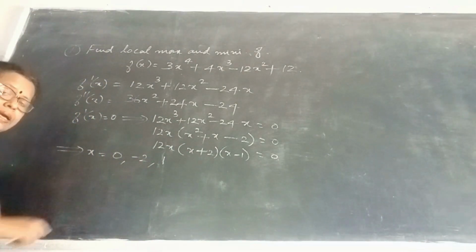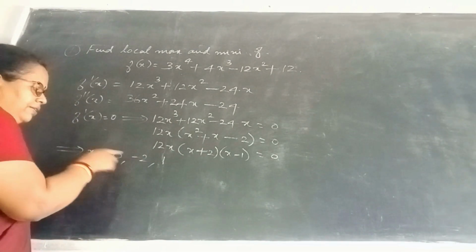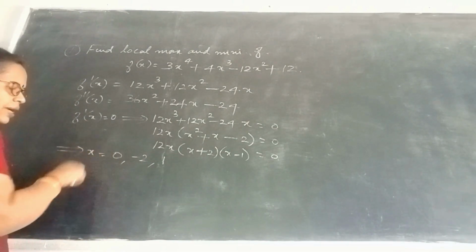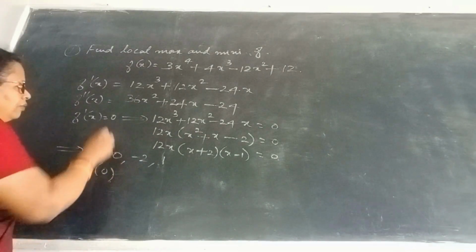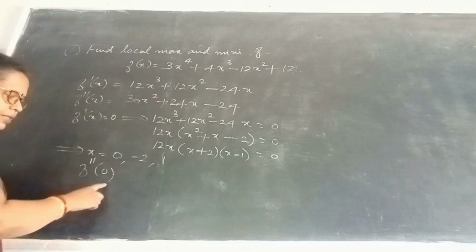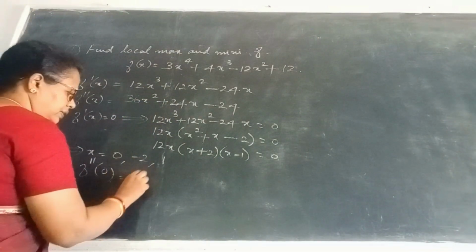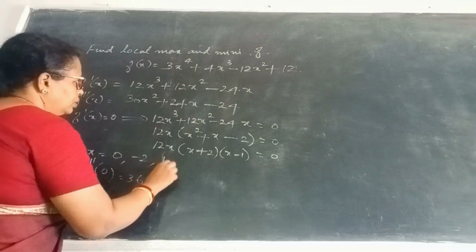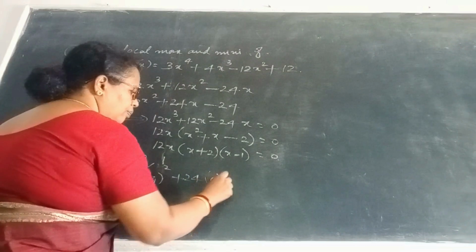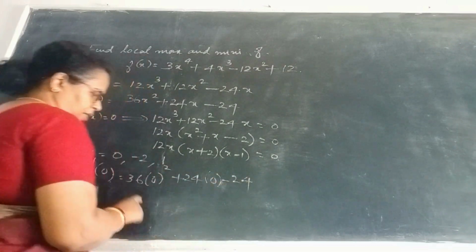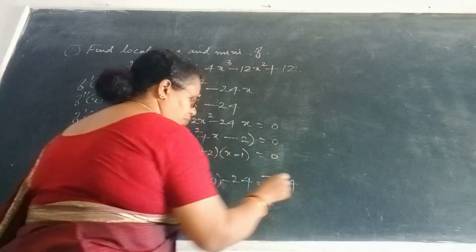Now as they are extreme values, we have to check the second derivative values. What is f double dash of 0? We have got f double dash of x. In that, substitute x equal to 0. So it is 36 into 0 squared plus 24 into 0 minus 24, which is negative 24.